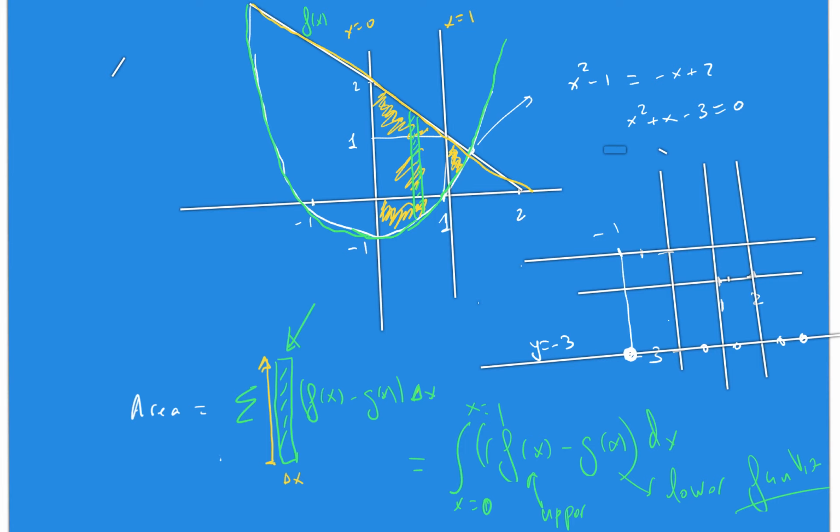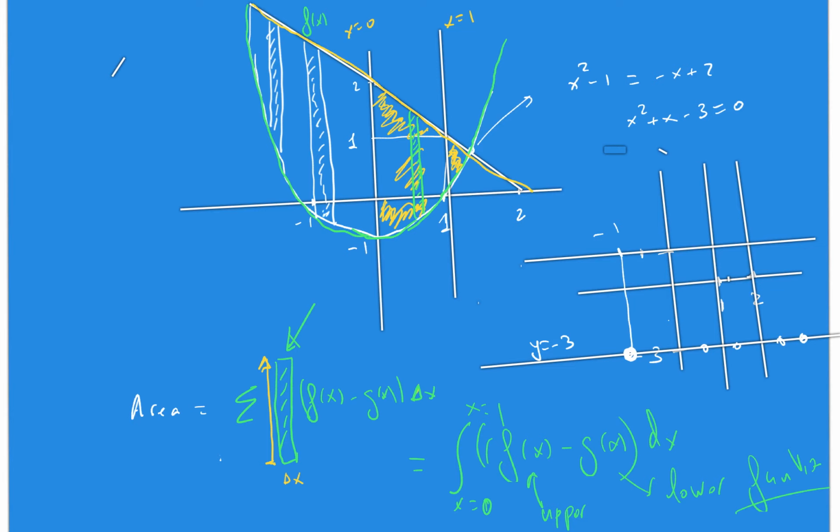Also, pay attention that, for example, when you do f of x minus g of x, let's say that you are going to cover from 0 to 1. But let's say that the problem says to cover a wider region. You see this area. This area is how you cover the region bounded by the curves.